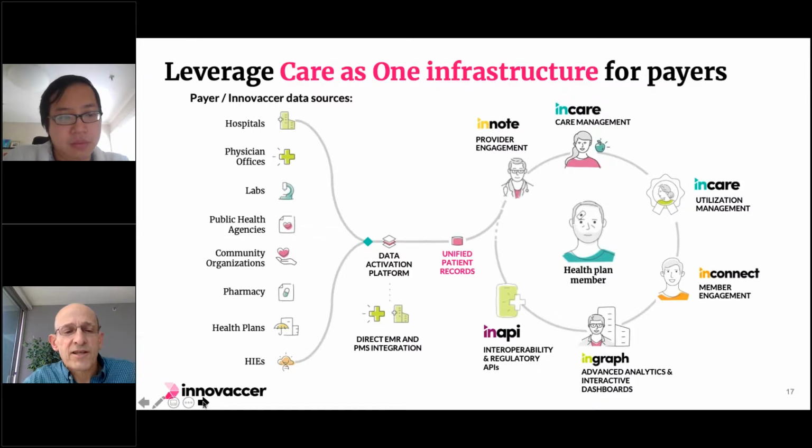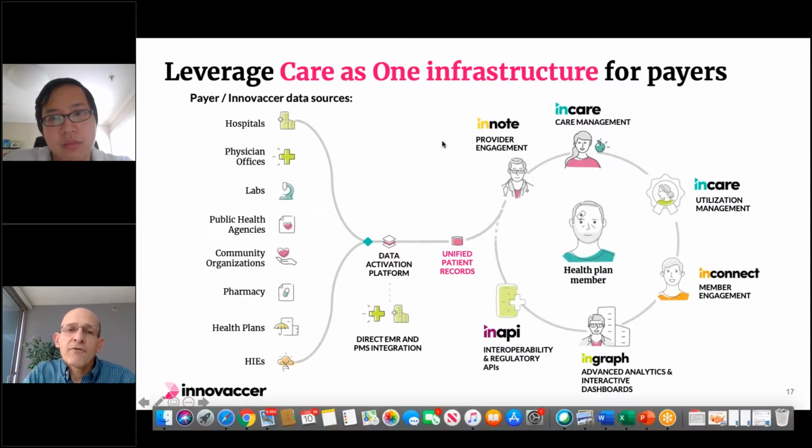And obviously there are still HIEs out there. We want to be able to leverage them as well. ADTs, there are many more than what's on here. How do you bring that data together, unify it from a patient-centered point of view, and then activate that data as insights to all the members that are caring for patients? From a payer perspective, how do you get into the workflow of a doctor and give them insights from the claims data they don't have?